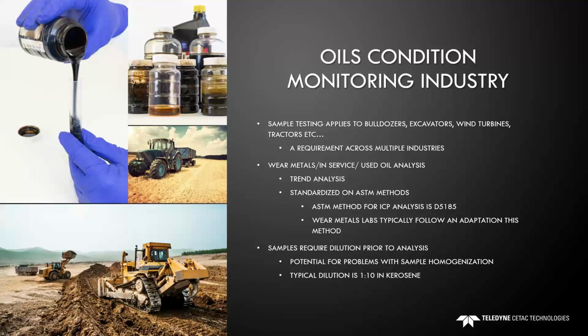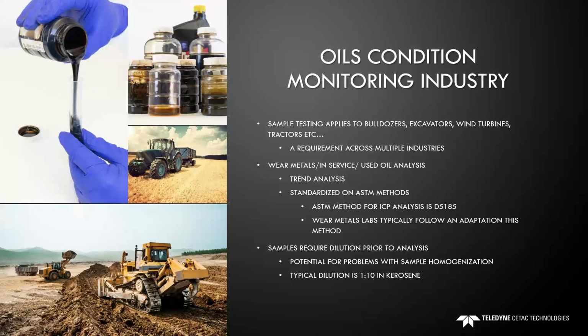One other consideration is that all of these samples require dilution prior to ICP analysis. Typically, they're diluted at a 1:10 ratio. 1:20 is also fairly common, and they're typically diluted in kerosene or a similar solvent, such as white spirit or V-Solve.